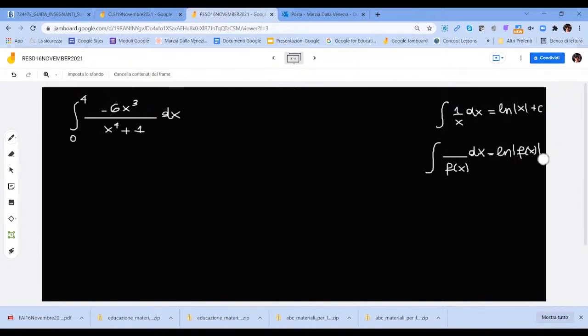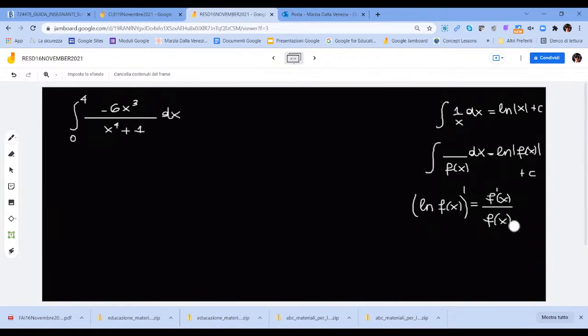But as you know, when you differentiate the logarithm of some function, it is 1 over the function multiplied by the derivative of the function, as with every composite function, okay? Because the argument is another function.